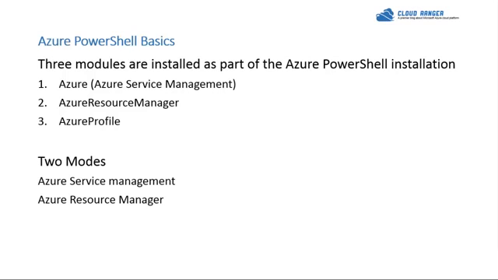For the subscription connection from Azure PowerShell, you can only use Azure Service Management mode when you're connected through the certificate method. You cannot run the Azure Resource Manager mode when you are using the certificate method to connect to your subscription.